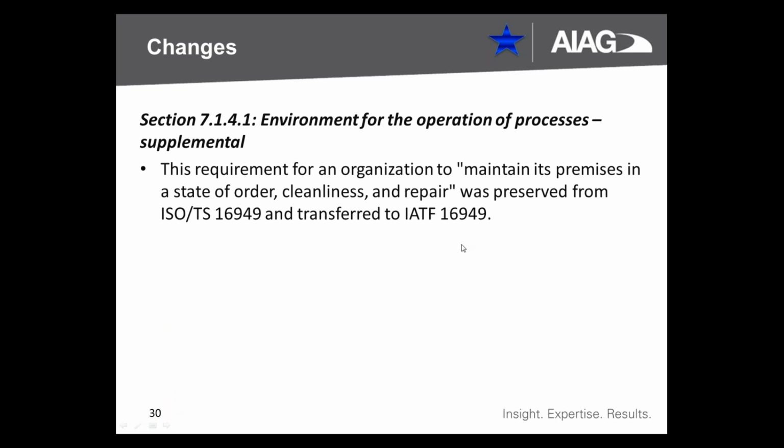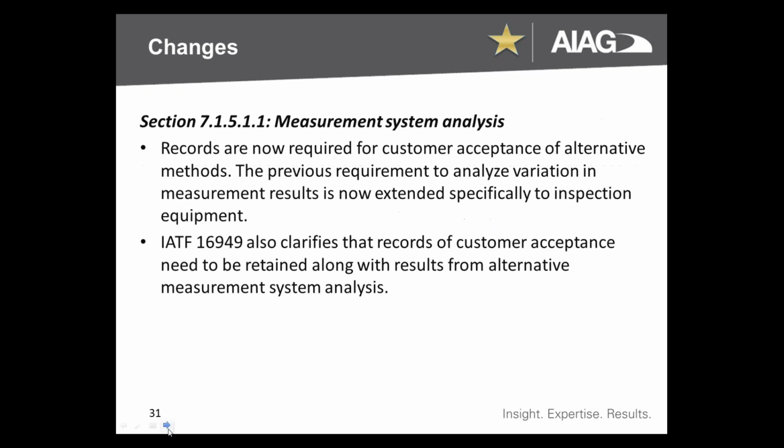This requirement's a carryover. 7.1.4.1, the organization has to maintain its premises in a state of order, cleanliness, and repair that makes sense for the type of manufacturing operation it is. Section 7.1.5.1.1, Measurement System Analysis. There's a new requirement that records are now required for customer acceptance of alternative methods.